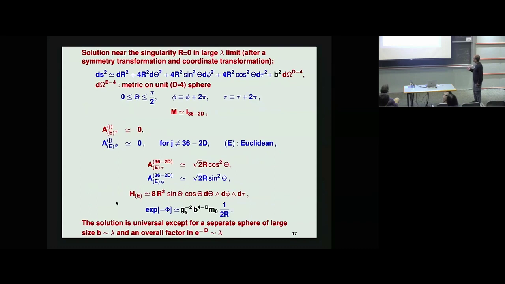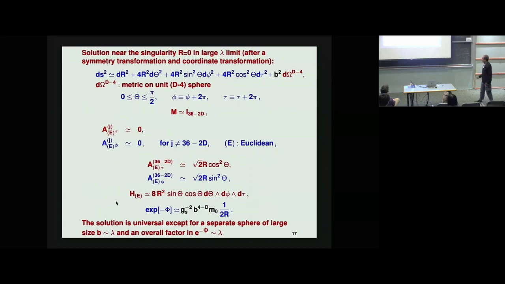The only part that I want you to remember from this is that most of the solution is completely universal. It has no dependence on any of the parameters of the black hole or the asymptotic model, except for the ones that are marked in black. This is the metric on the unit d minus 4 sphere, and it's multiplied by a factor of b square, where b is that extra parameter that we had.